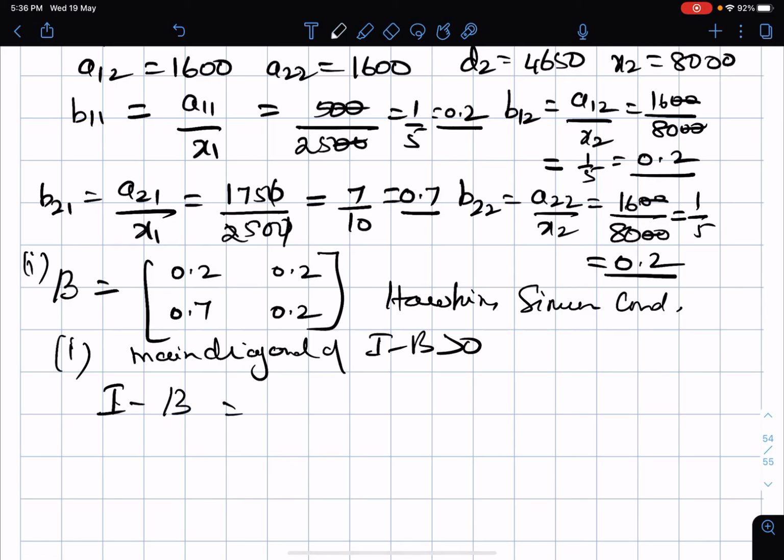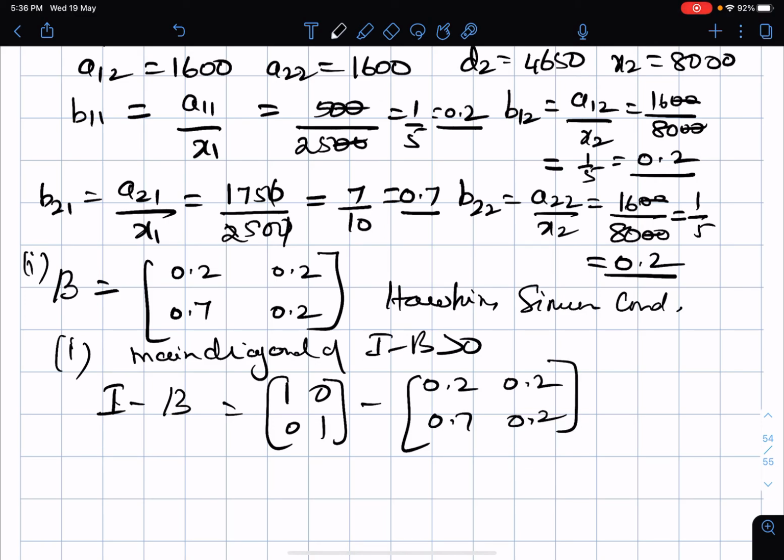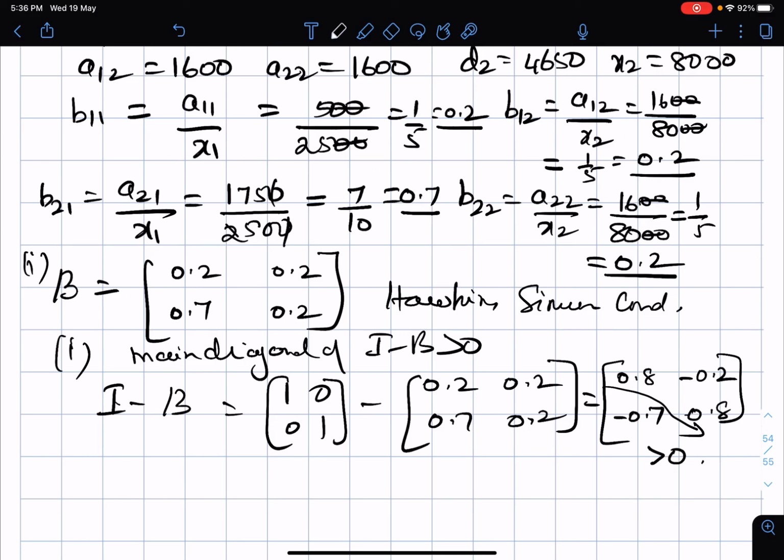So I minus B is nothing but 1 0 0 1 minus our B, 0.2, 0.2, 0.7, 0.2. When you subtract, you will get 1 minus 0.2 is 0.8, here minus 0.2, here minus 0.7, and here 0.8. So your main diagonal is 0.8 and 0.8, which is positive, so it is greater than 0. So our first condition is okay.